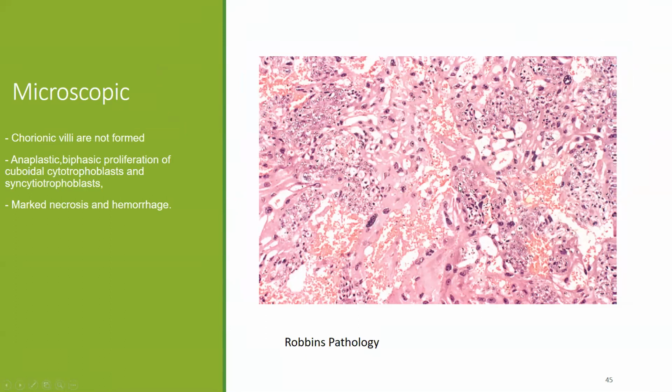What is important to remember in choriocarcinoma is that you don't see chorionic villi at all. There are no chorionic villi in choriocarcinoma, just malignant cytotrophoblast, malignant syncytial trophoblast, necrosis, hemorrhage, and so on. So this is all you need to remember in placental choriocarcinoma.